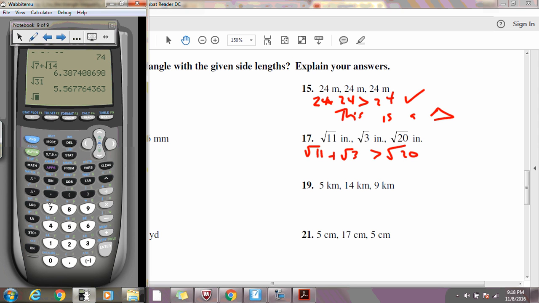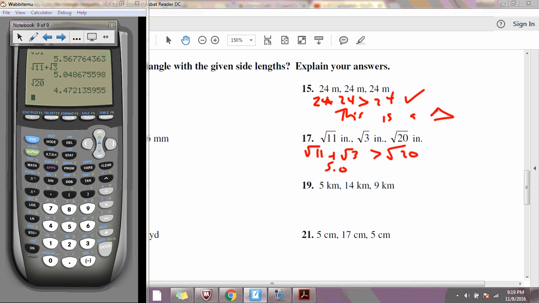Square root of 11, right arrow out of the square root sign, plus square root of 3 is about 5.05, and the square root of 20 is about 4.47. So yes, this is true. Again, this is about 5.05, and this is about 4.47. So yes, this is a triangle.